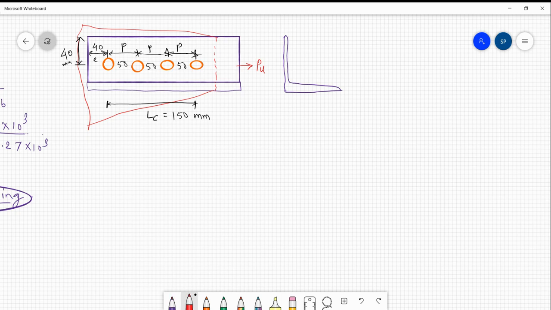It is connected to a gusset plate of thickness 8 mm only.